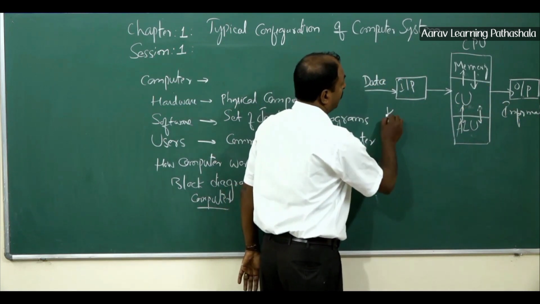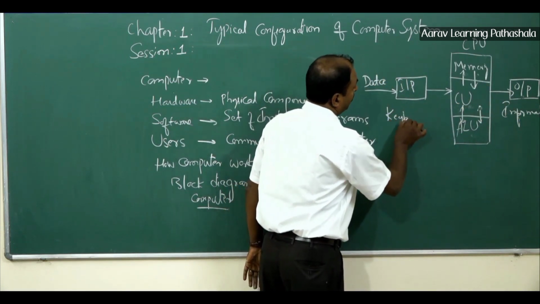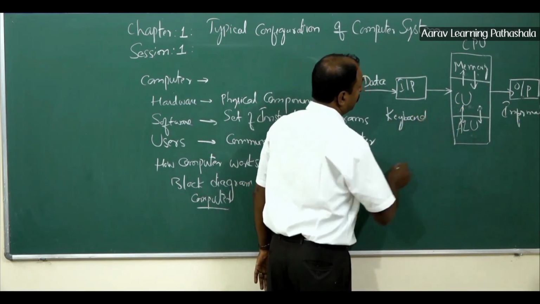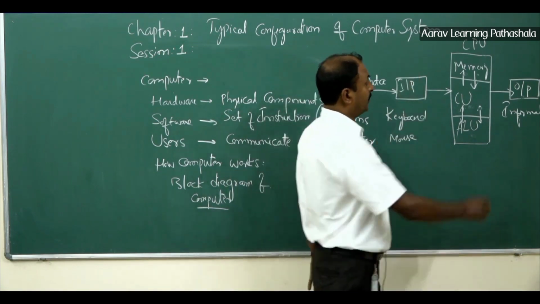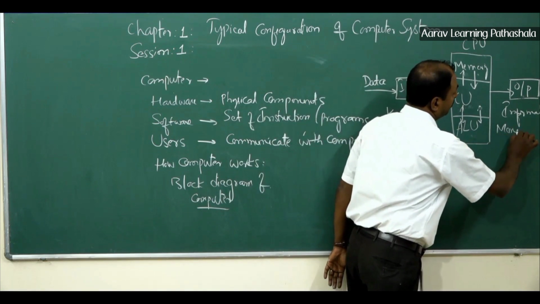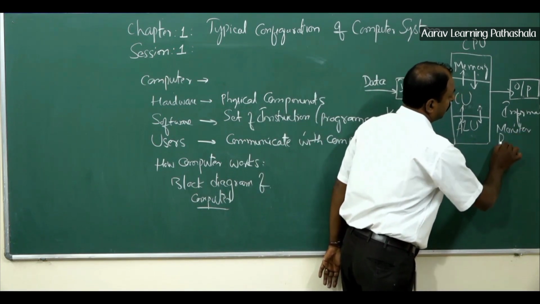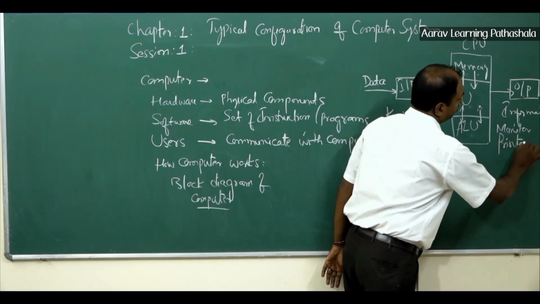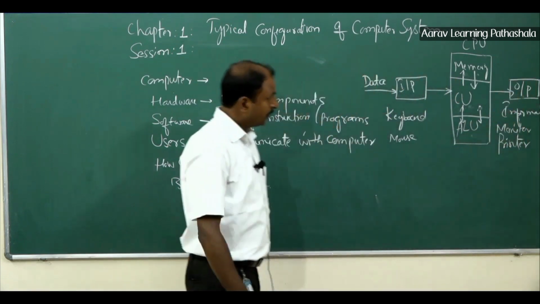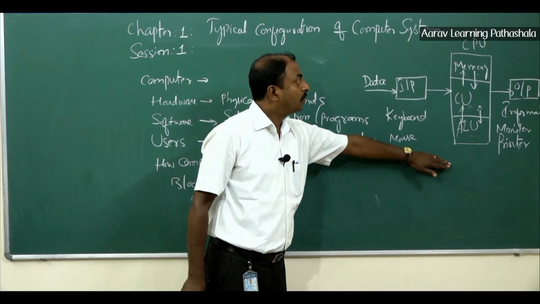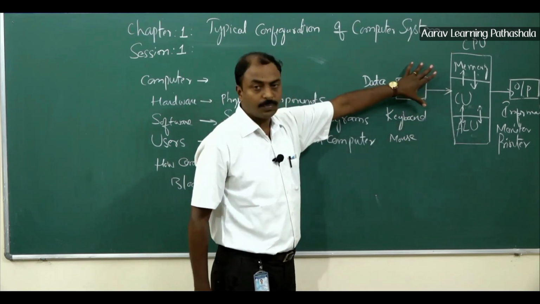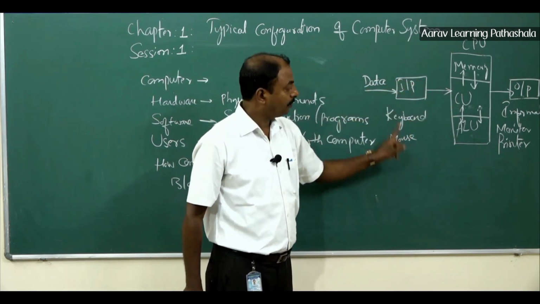An example for input device, you have already learned: keyboard or mouse. And for output device, you can see a monitor or printer. So this is the explanation of how computer works, explained with the help of the block diagram of computer.